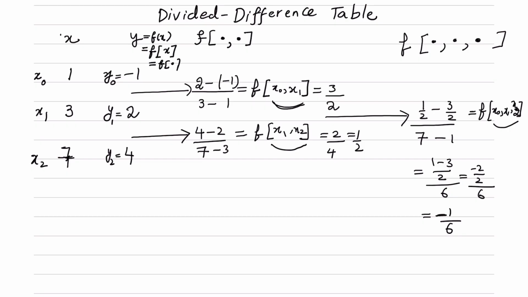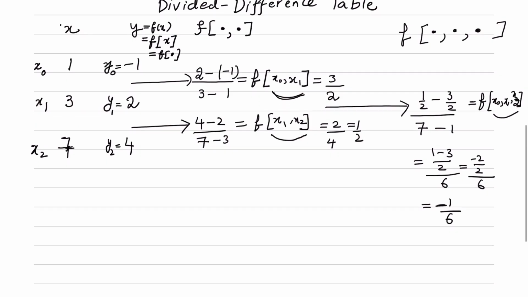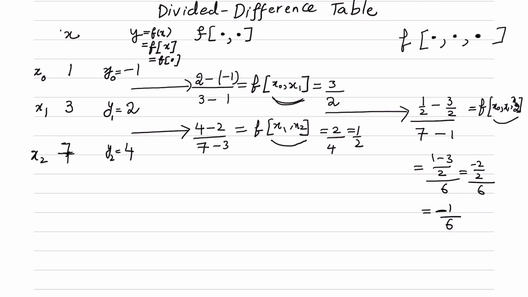So it means that this column utilizes 1 x value. So f of 1 dot. And the next column will be f of 2 dots, and the next column will be f of 3 dots. This is how we construct the divided difference table using numbers. In the next video, we will see how to construct the forward difference table.